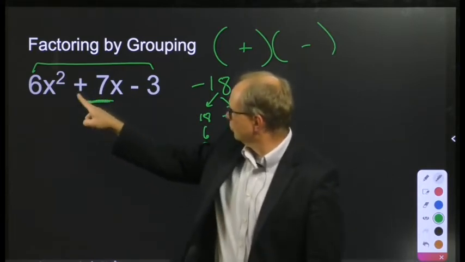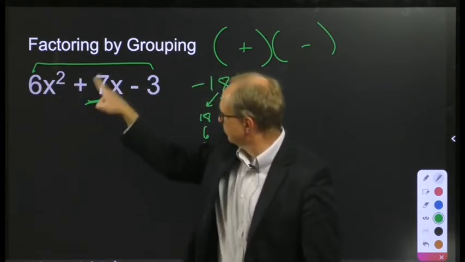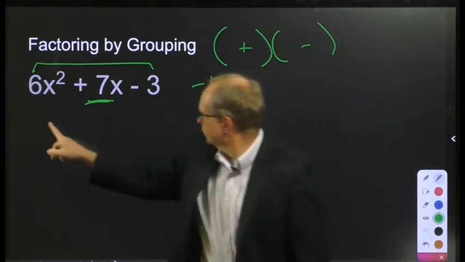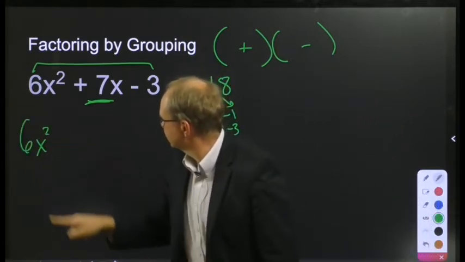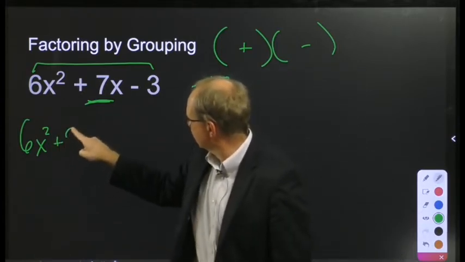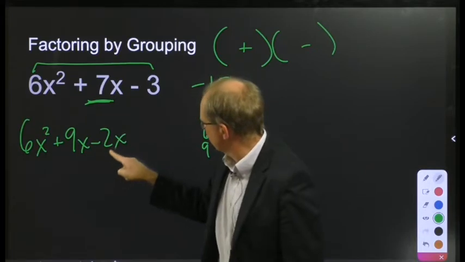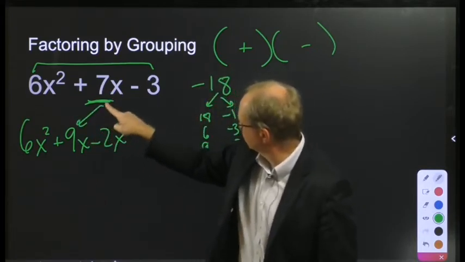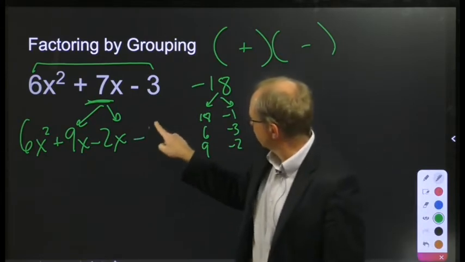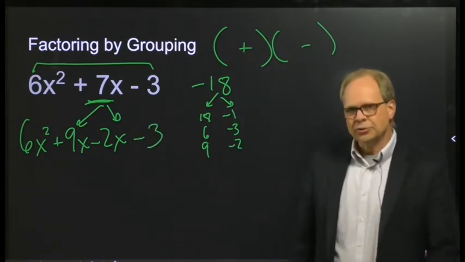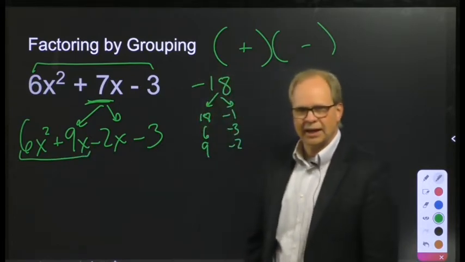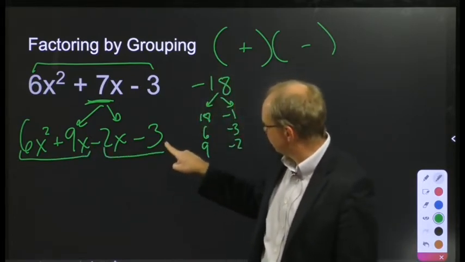So we end up rewriting this middle term using these coefficients. The 6x squared stays the same, and now I want to put a 9x minus 2x in replacement of the 7x, and then a minus 3 at the end.